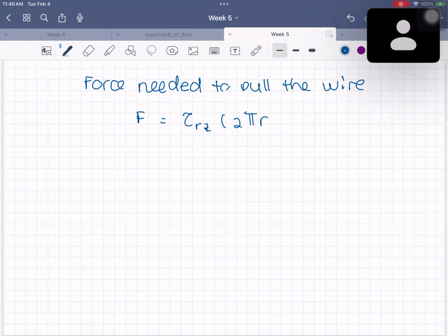R1, right? Times L. So I'll just give you the answer again: 2 pi mu V L over log(R1/R2). Any questions? Yes, 2 pi.